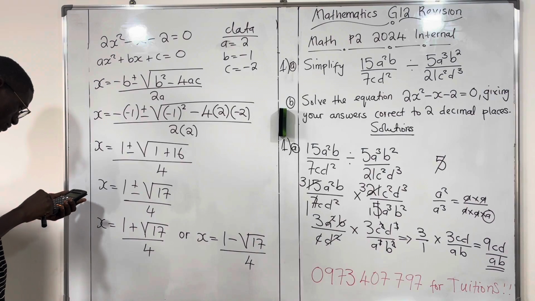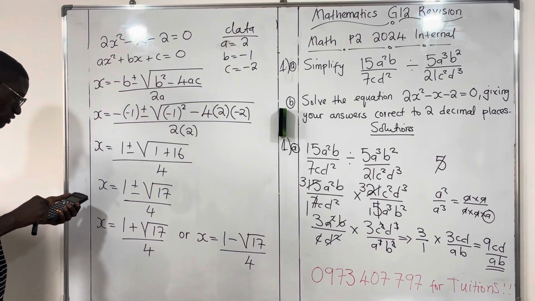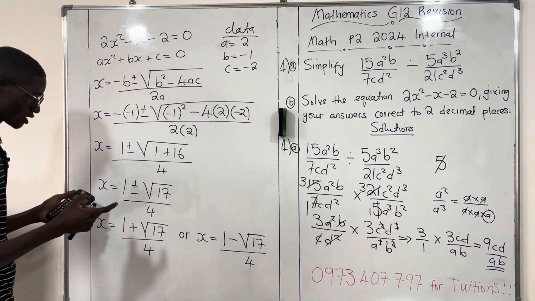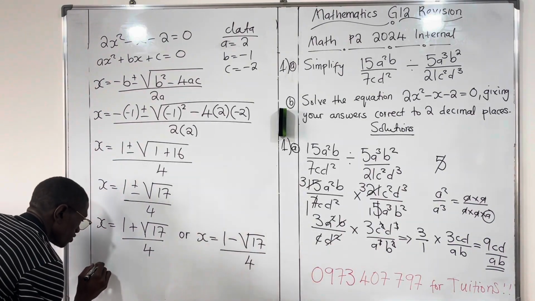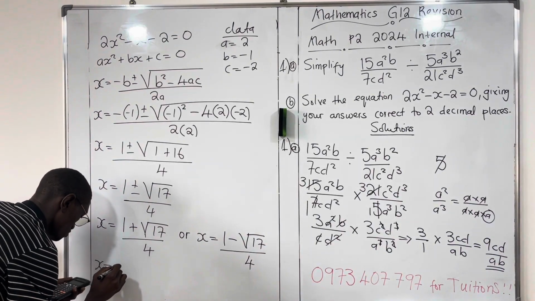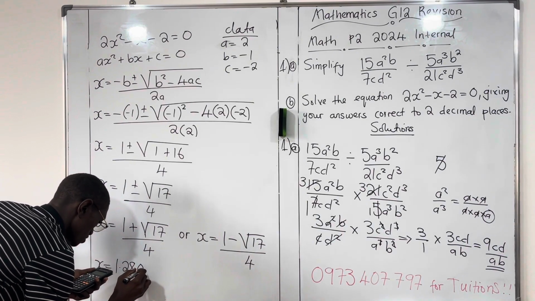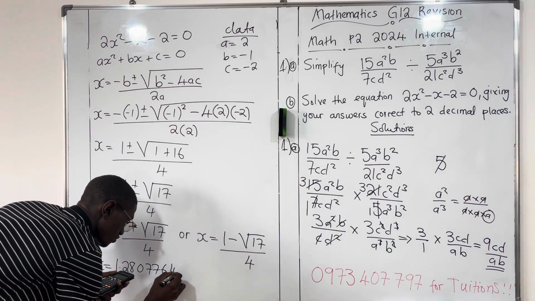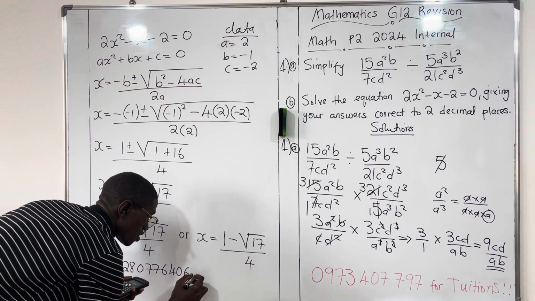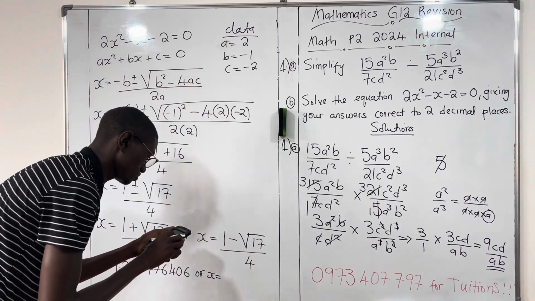Then if it shows you a fraction, you can convert to a decimal, because we're looking for a decimal. So I'm going to say x is equal to 1.280776406, or x is equal to, we can now punch this one.